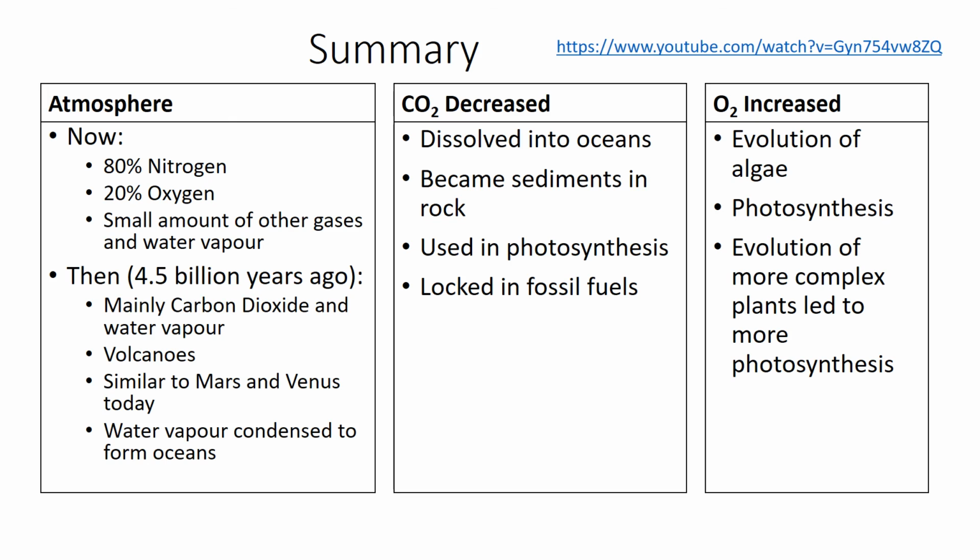And we know that oxygen increased, and we think that is due to the evolution of algae, which started to photosynthesize to release oxygen, and that led to the evolution of more complex plants, which led to more photosynthesis, and that cycle just continued until we had animals as well. Okay, so they are all the key parts to the Earth's atmosphere and how it has changed.